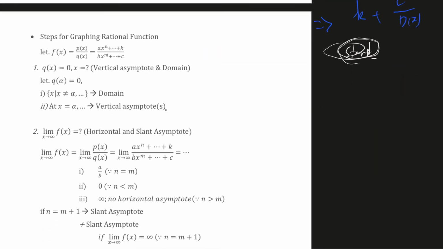Let's tackle how to get the asymptotes and intercepts in the rational functions. That's another important part that you have to know. In case of the vertical asymptote, it's very easy.